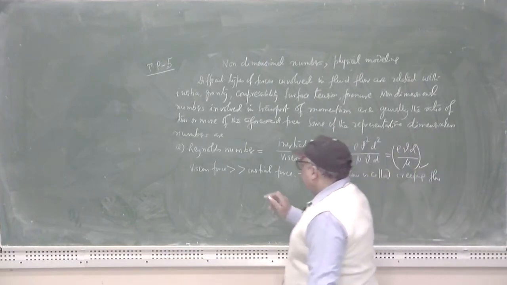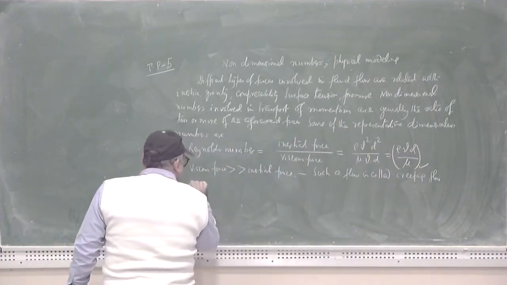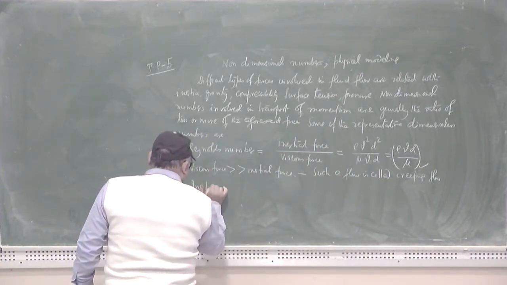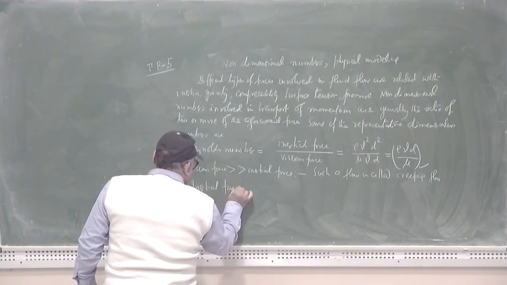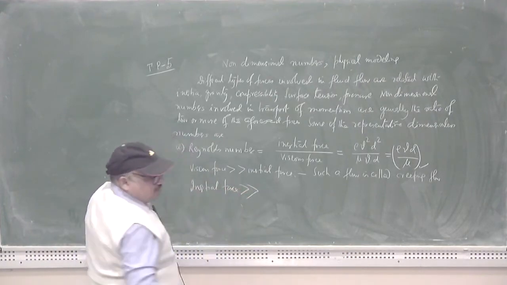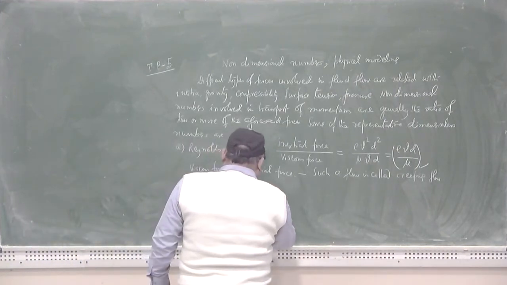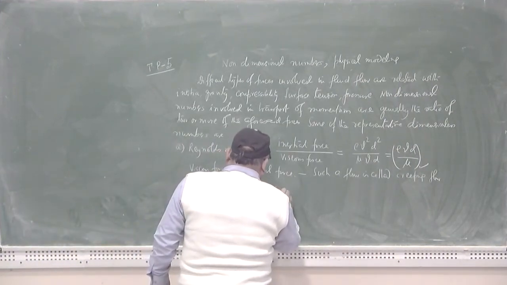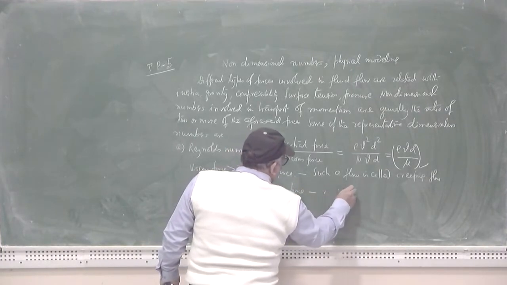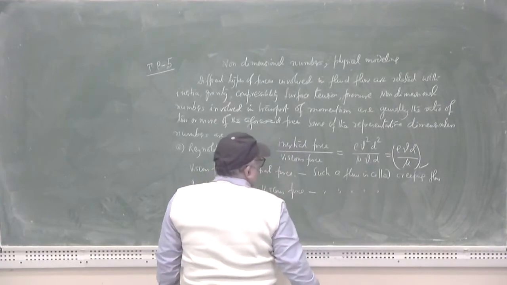And if the inertial force in magnitude is much larger than the viscous force, then this type of flow is called inviscid flow.